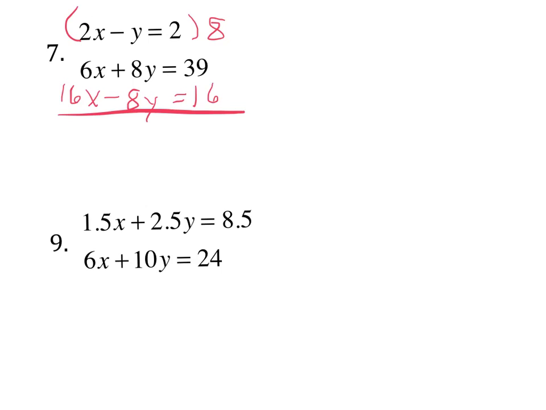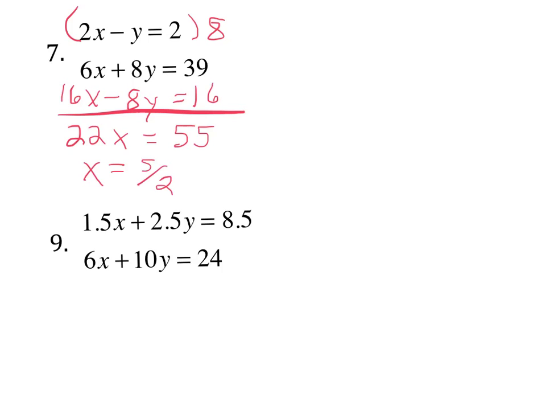And adding those 2 equations together would give me 22x equals 55. And dividing by 22, I would get that x equals 5 halves.